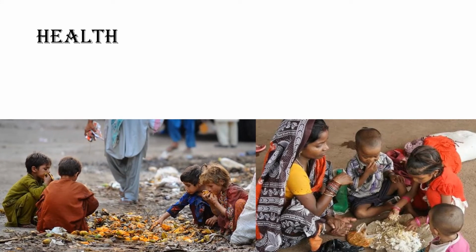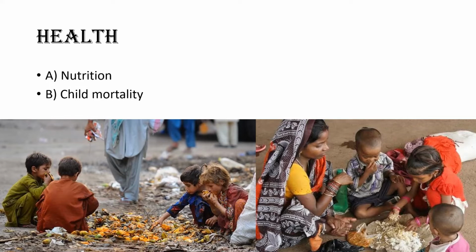The first dimension is health, and it consists of nutrition and child mortality as the indicators. Number 1, nutrition. A household is said to be poor where the members are malnourished.